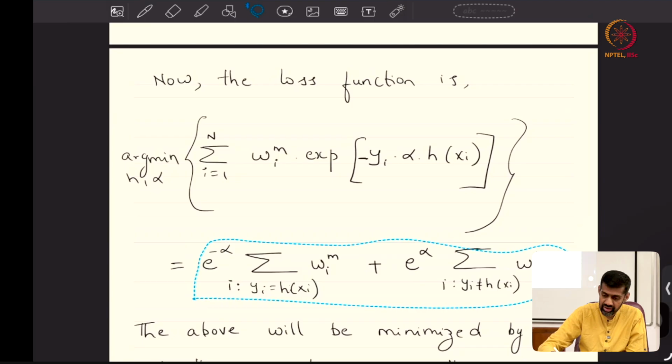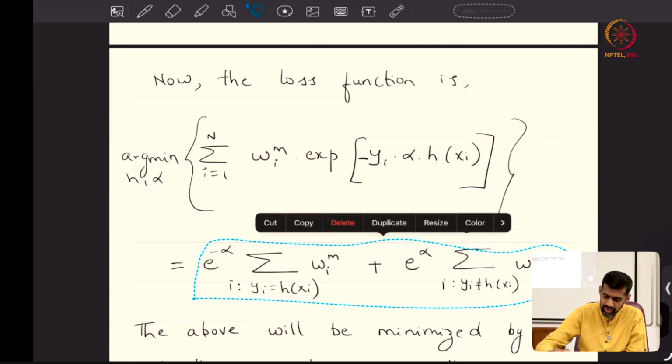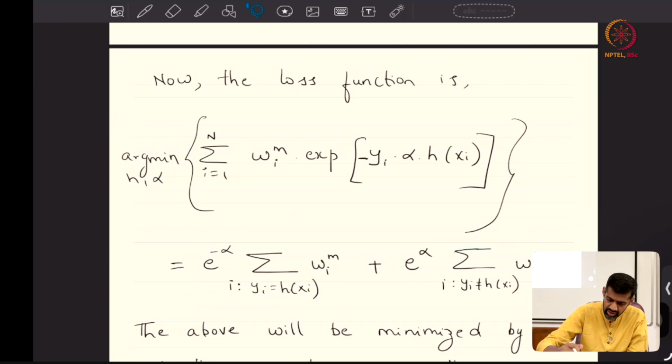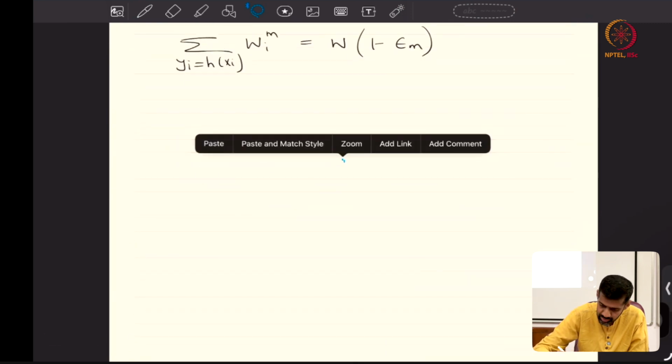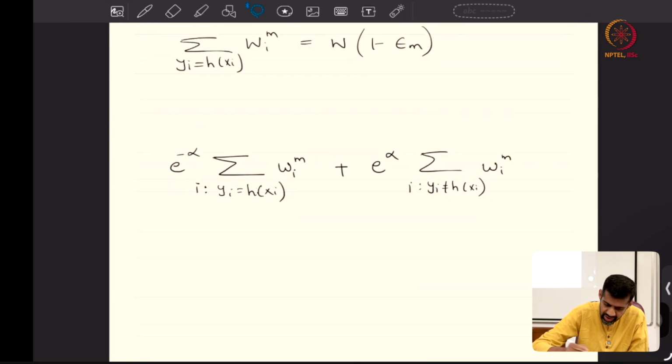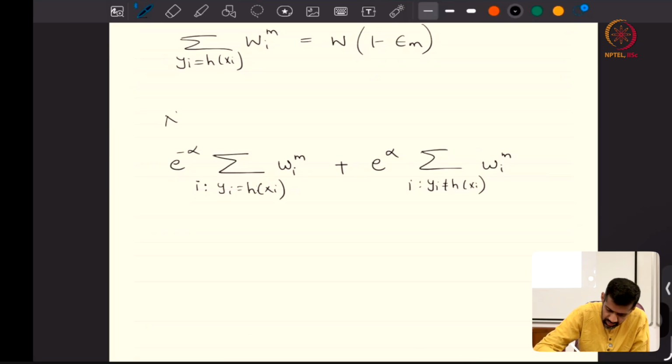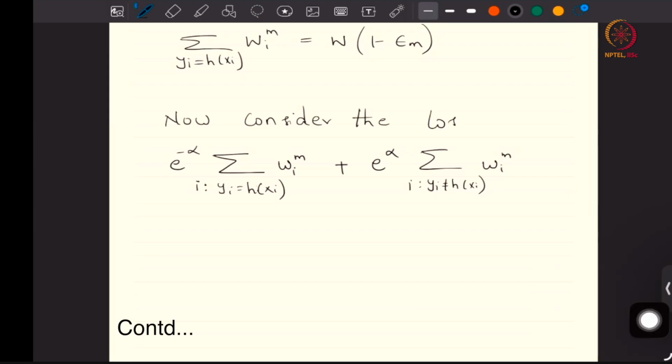We already looked at h. We will have to do it with respect to alpha and put it to 0, and therefore we are trying to write this term as a function of alpha and epsilon. So, this was the loss function. So, consider... we will stop here and continue in the next lecture.